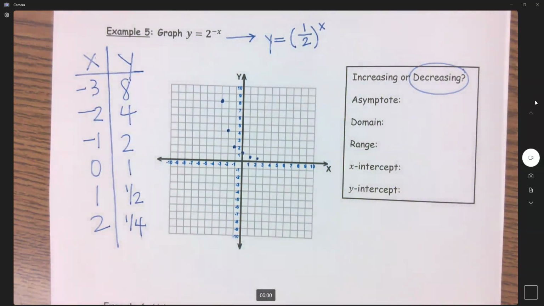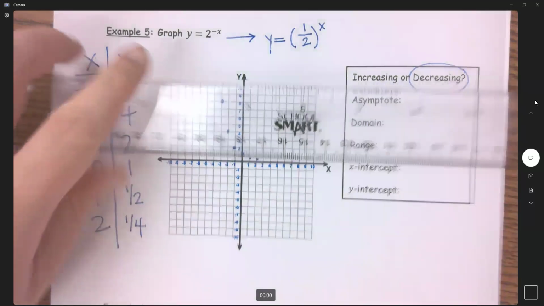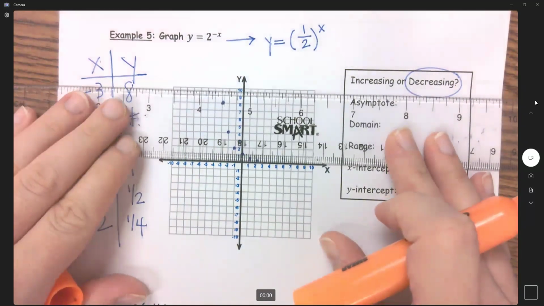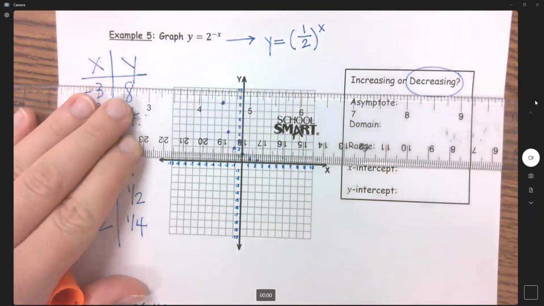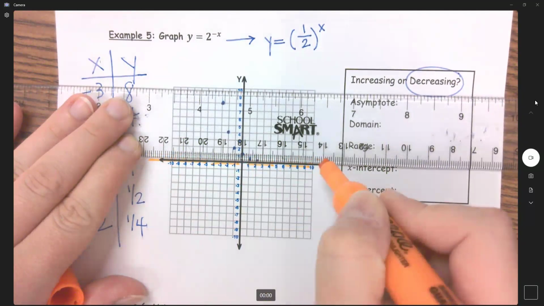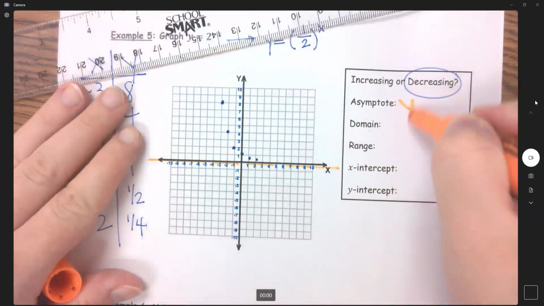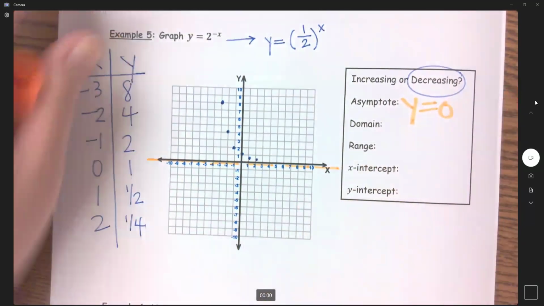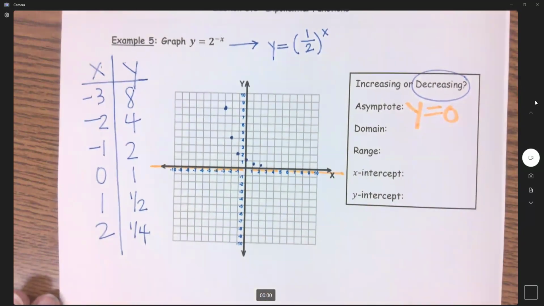So again, we have a horizontal asymptote right here at y equals 0.